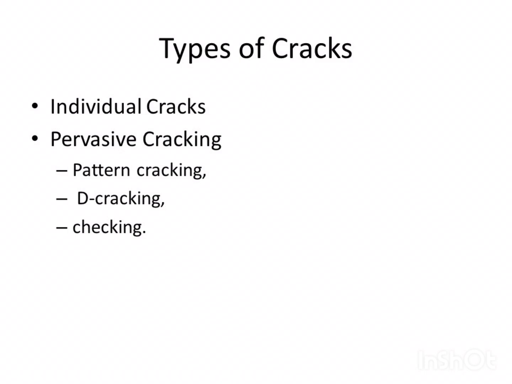Cracks majorly involve individual cracks and pervasive cracks. Pervasive cracks may consist of pattern cracking, D-cracking, check cracking, etc. Cracks are nothing but the locations where the stress is released.